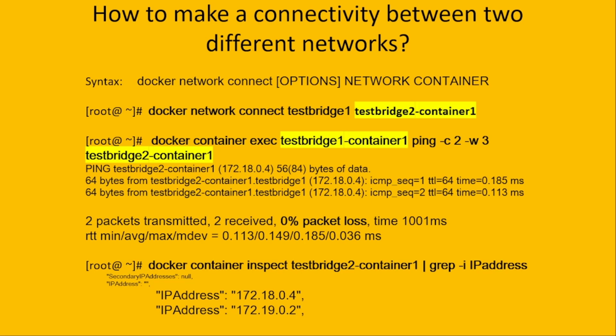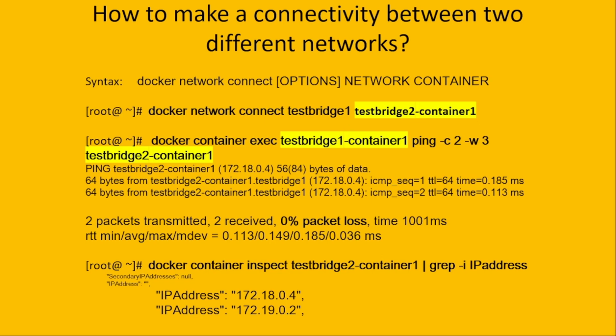So how do we make connectivity between two different networks? Sometimes it happens that I want to connect to another customer's network. The syntax is docker network connect, then the network and the container. The command is docker network connect test bridge 1 and then the container name.